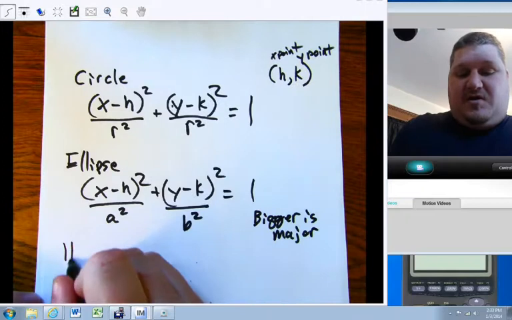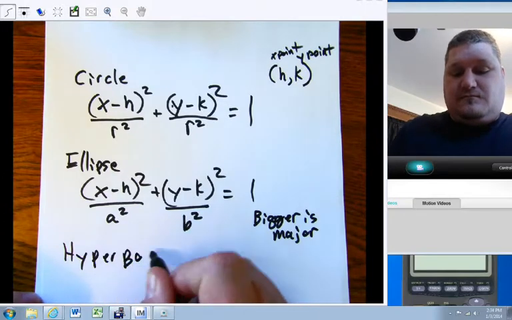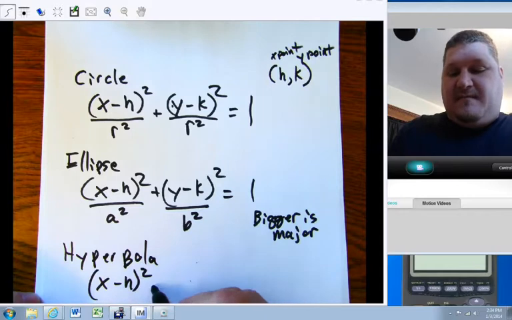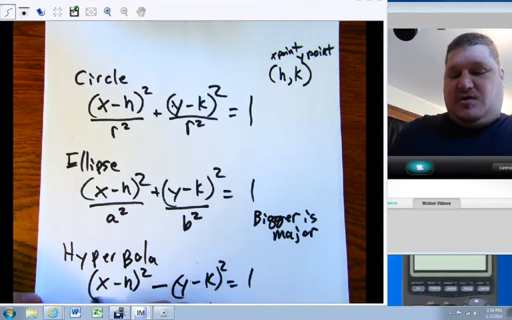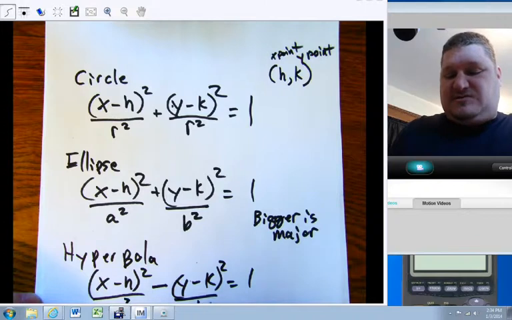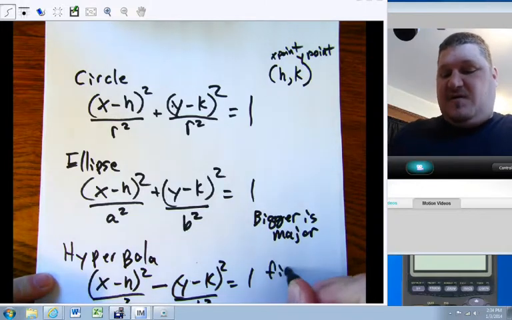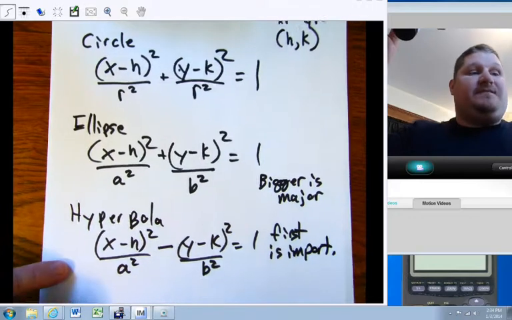For a hyperbola, you have x minus h, the quantity squared, minus y minus k, the quantity squared, equals 1, all over a squared and b squared again. In a hyperbola, first is important. So we'll talk about that.